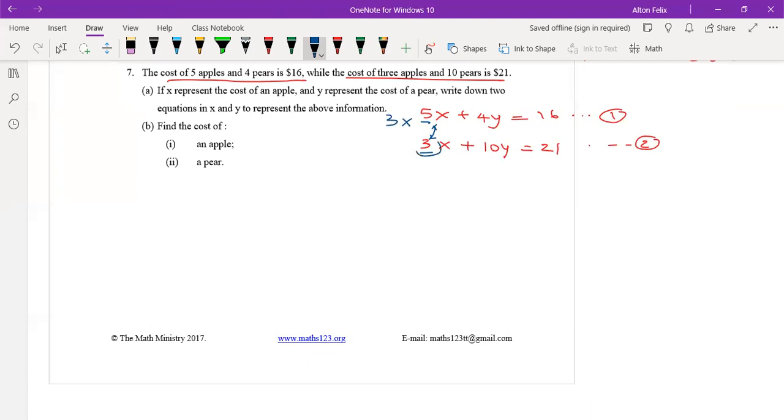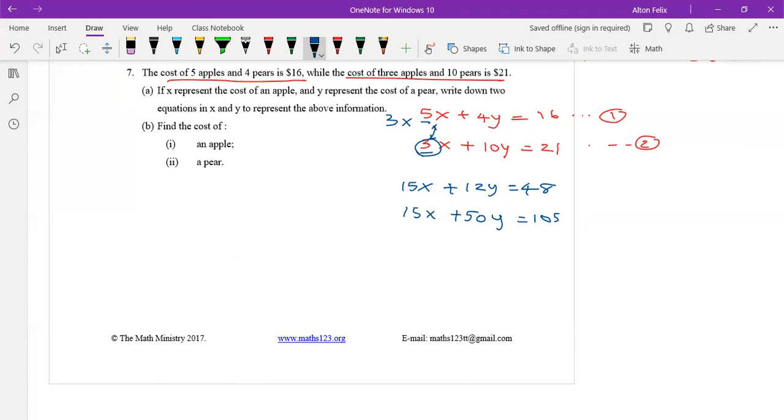So this first equation will read 15x plus 12y equals 48. Now you want to get 15, you have a 3 here. So you multiply everything by this one here, 5. So it will give us 15x plus 50y equals 105.